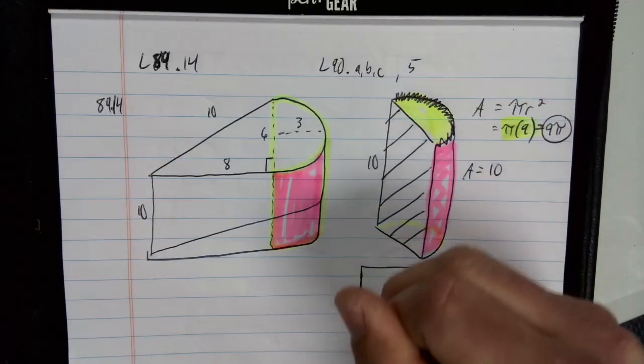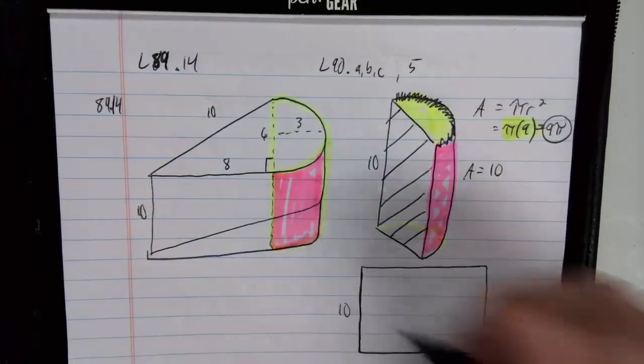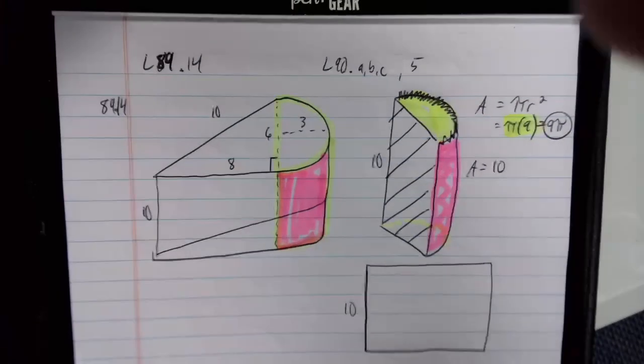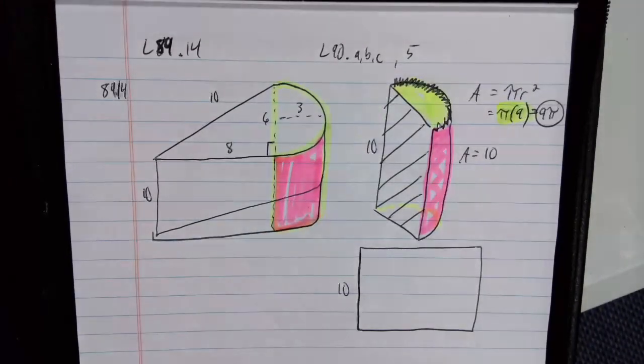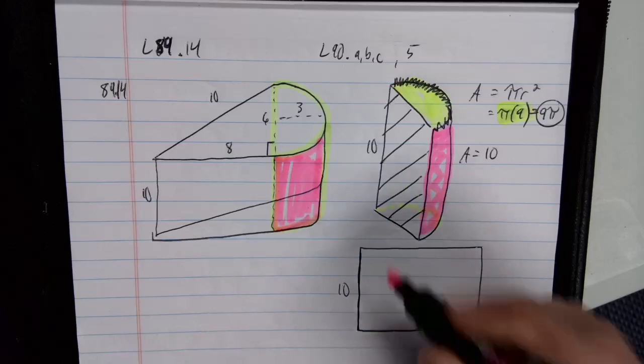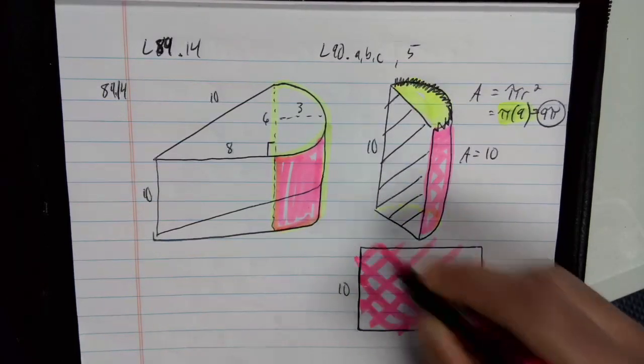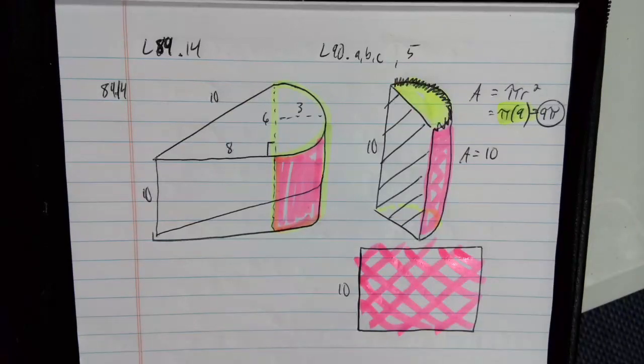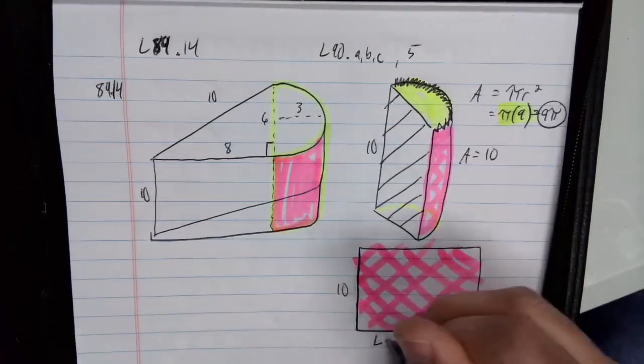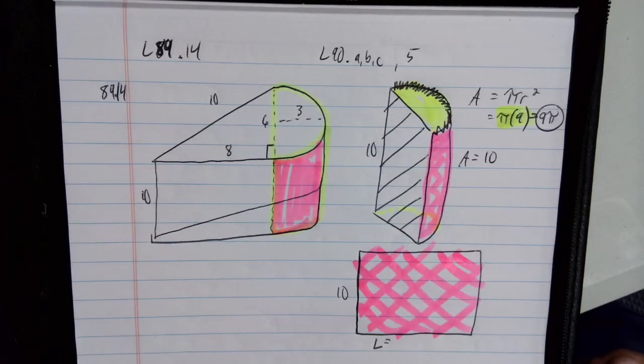So let's think about that for just a minute. Luke, hang on, bud. I want to make sure everybody understands it. So this is what we're talking about. That is what is wrapped around the half of the cylinder. So we've got to think, well, how long is the length? Well, it's half the circumference.